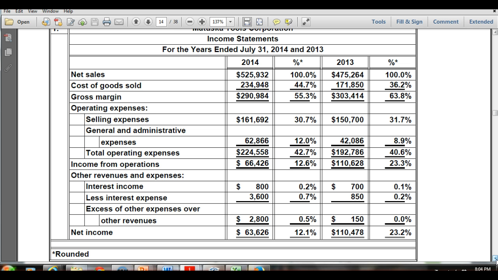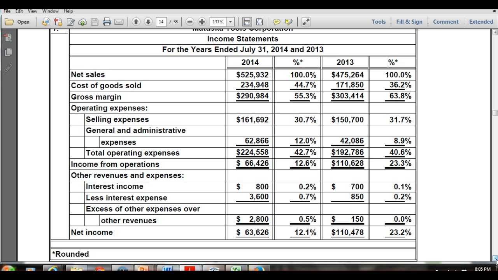Look what it is in 2014. 12.1. That is significant, isn't it? So do we want those percentages to be low or high? It depends. Basically, what you want is to compare figures from one year to the next.